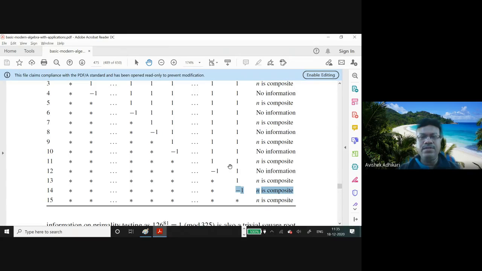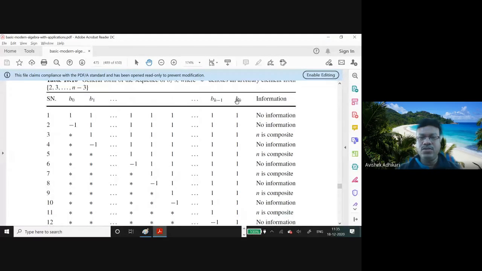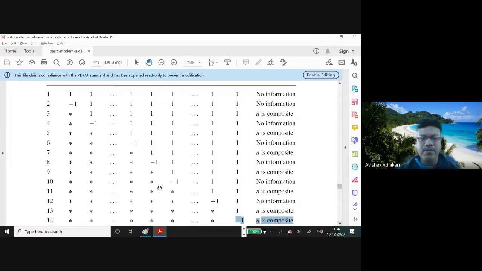Otherwise, in the remaining steps, that's why you can see that the loop was from 0 to h minus 1 and not till h. That means if you have minus 1 anywhere in between, the conclusion will be no information.